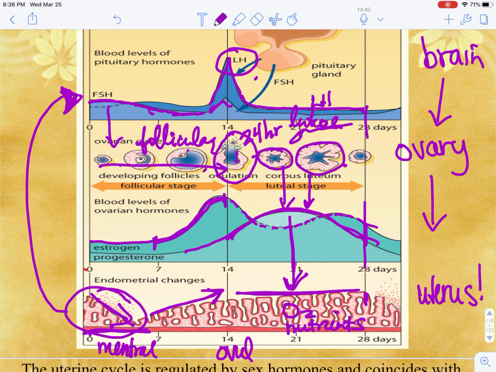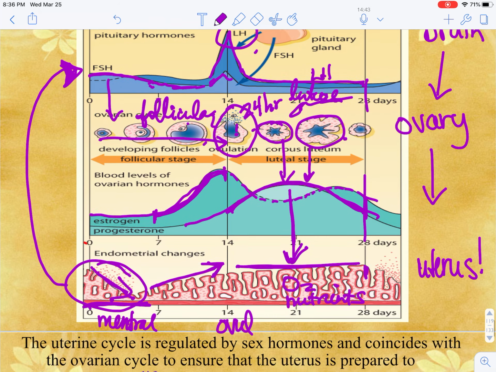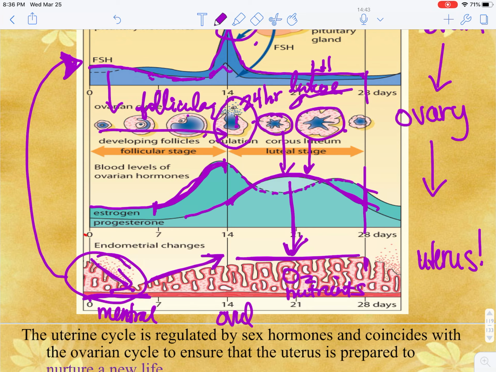Remember, to begin with, they're making more estrogen, and after ovulation, those leftover cells, corpus luteum, are making more progesterone, and both of those are affecting the uterus. Estrogen to build the lining, progesterone to maintain the lining.